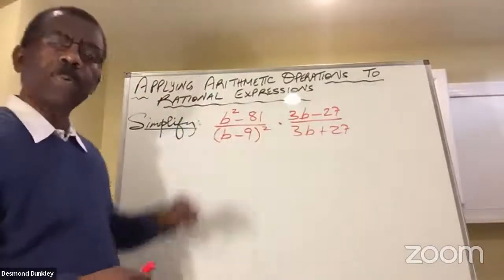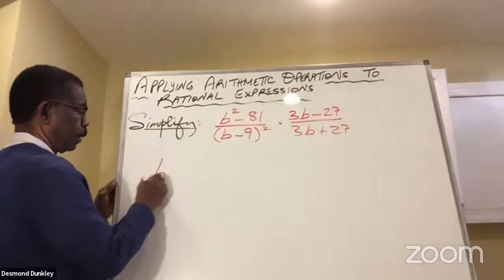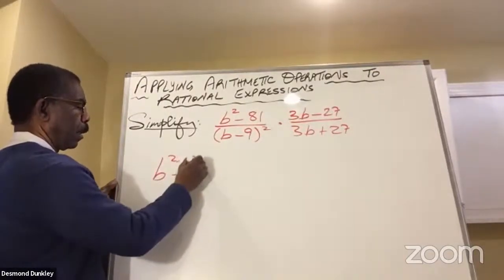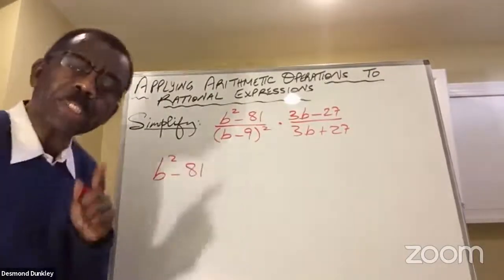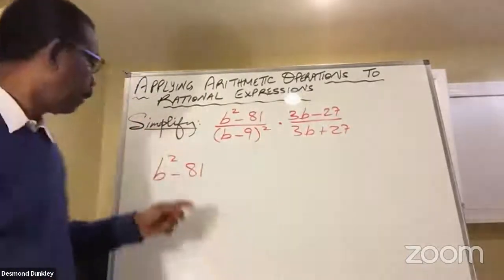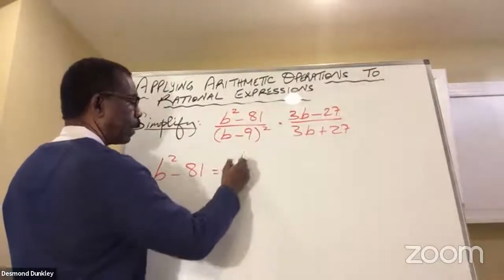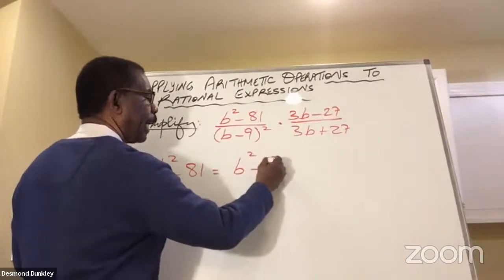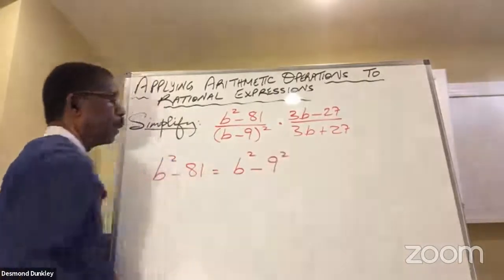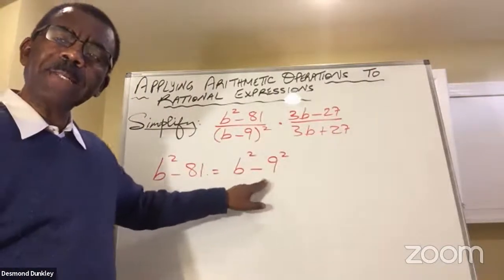Now, look at B squared minus 81. That should ring a bell from when we learned to factorize. Because B squared minus 81 looks to me like B squared minus 9 squared. So this is something squared minus something squared.